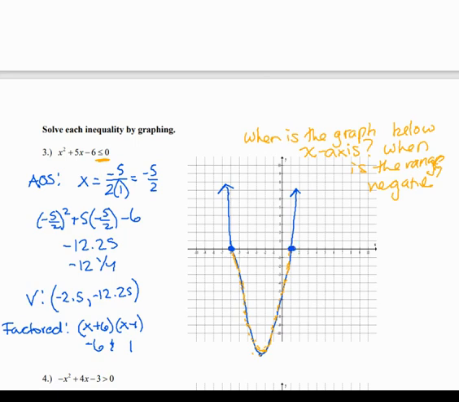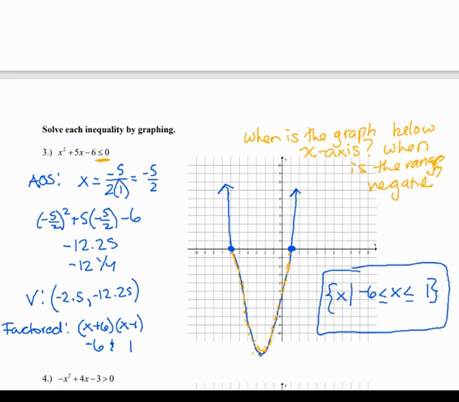So my solution is going to be x such that x is between negative 6 and positive 1. Notice here, I included the equals to because our original is less than or equal to. So I can equal 0 when I am at negative 6, and then anything in between negative 6 and 1, and again, at 1 I'm equal to 0. So there is my solution.